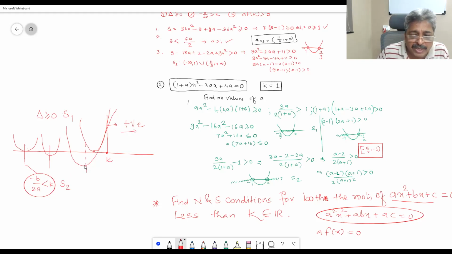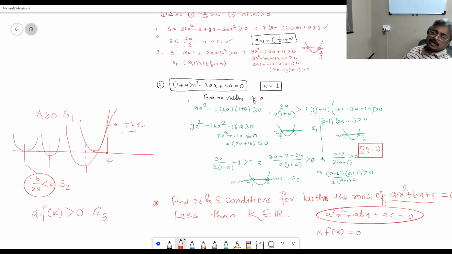So if you manage the vertex to the left of k, and since it is opening upward, a of f of k must still remain greater than 0. That is our S3. So if we want both the roots to be less than a given value of k, then same conditions except the middle condition is different.